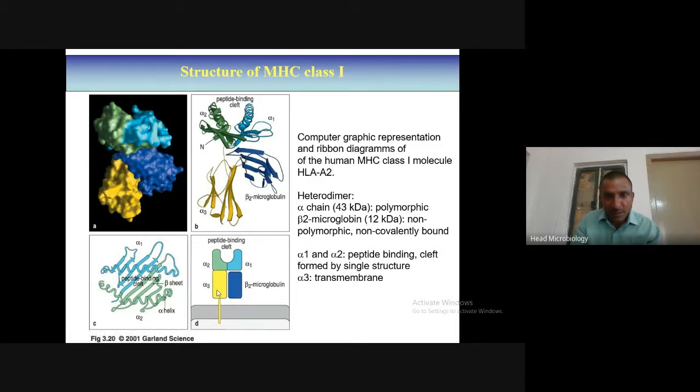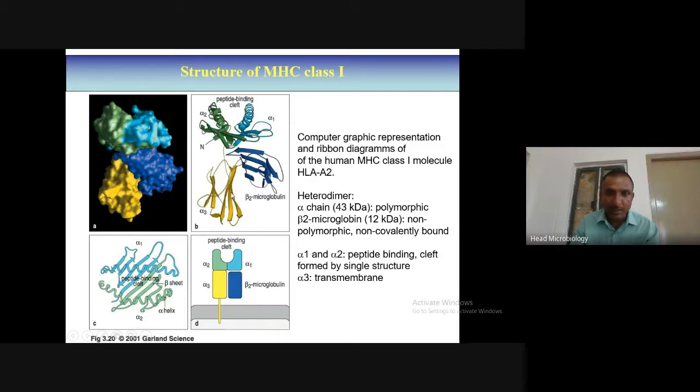when we are observing the MHC1 structure, the MHC1 complex has four chains: three alpha chains, alpha 1, alpha 2, and alpha 3, as well as beta 2 microglobulin.